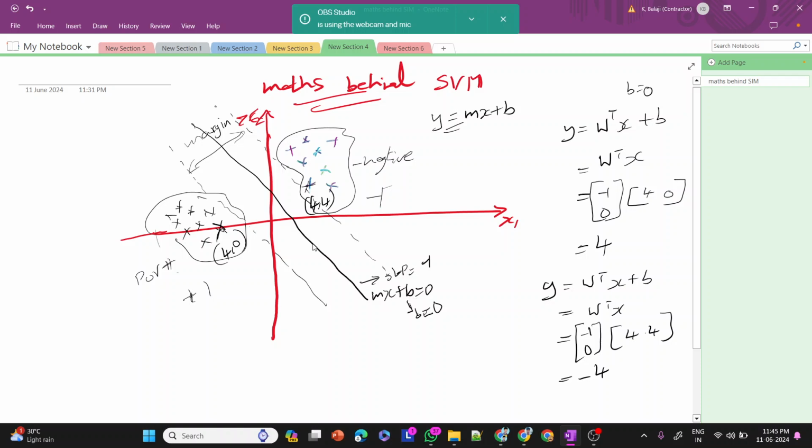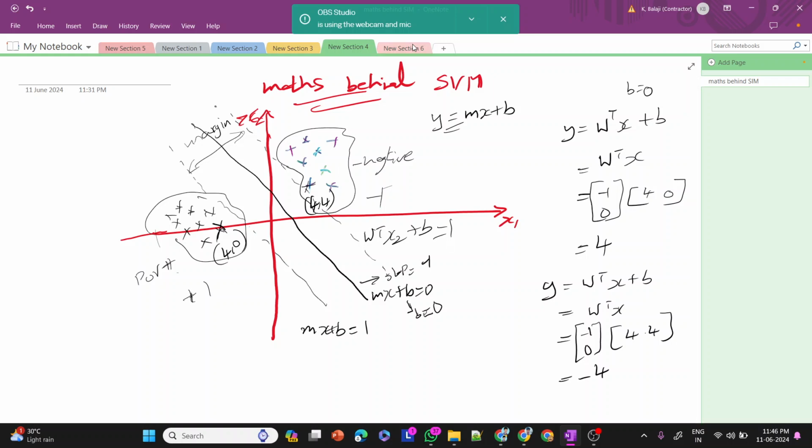The margin line which touches the positive point will have a formula of mx plus b equal to 1, and the line which touches the negative point, a point having a negative output, will be represented by this formula.